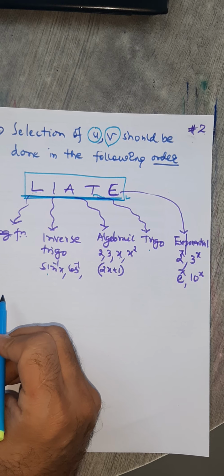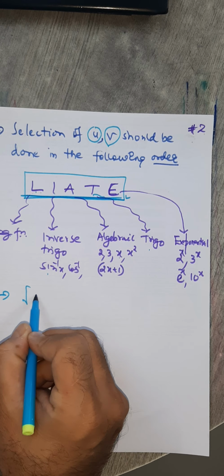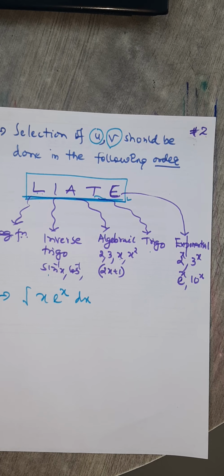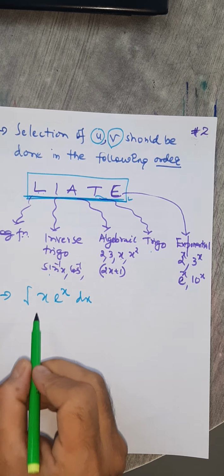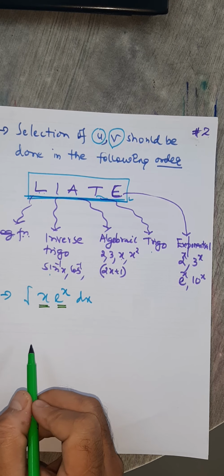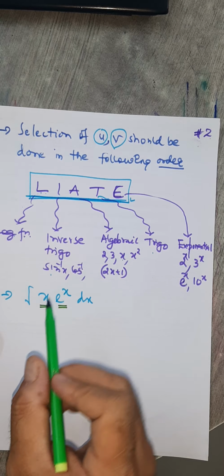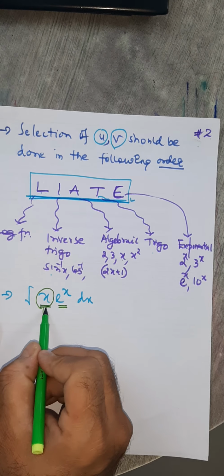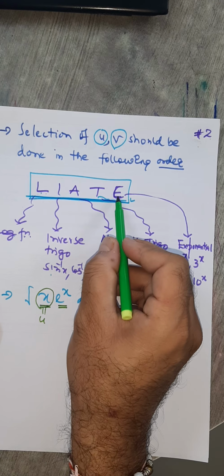Now you recall that example, x into e raised to x. It is a combination of which two functions? You know, algebraic and exponential. This is algebraic, this is exponential. So in this sequence, which comes first? Algebraic. A comes first, so that should be taken as u. Which comes next?